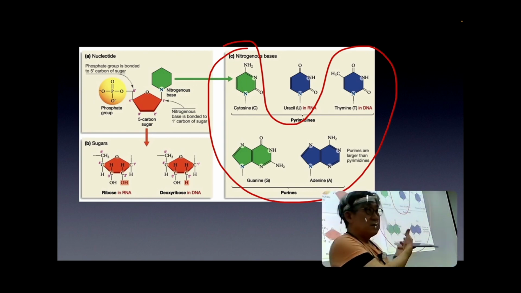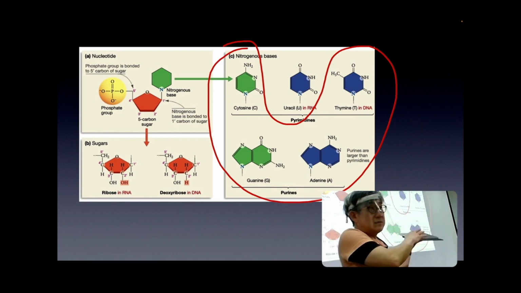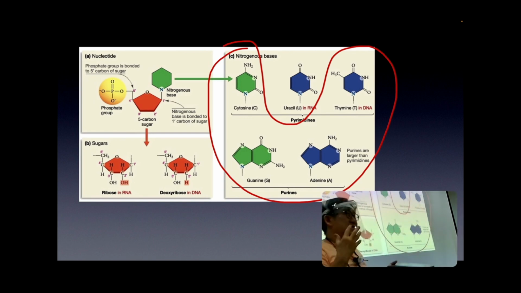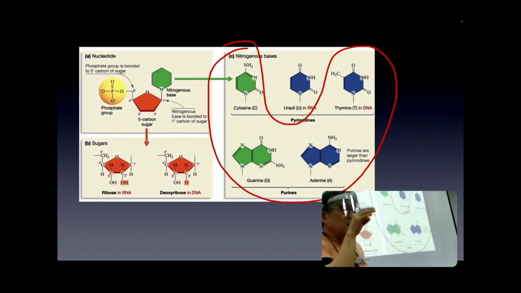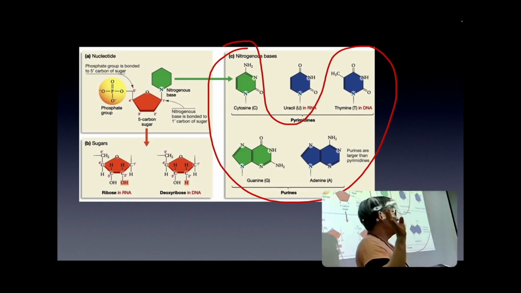Same thing here in our genes, DNA. I said there are 64 different nucleotides, but actually only 4 different kinds of nucleotides. Consider these 4 different nucleotides as an alphabet.